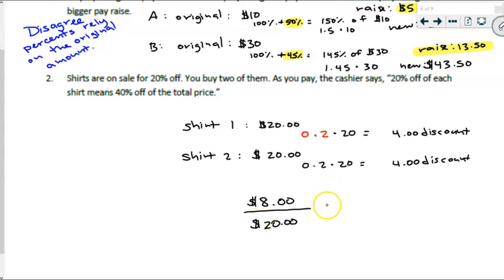Convert that to a percent. $8 out of $20. What is the percent here? I'm going to write a percent proportion. 20 changing to 100. 8. I got 40 because I'm multiplying by 5, so it turns out Oren's right. Yes, Joshua? Mm-hmm. Good job, yes.